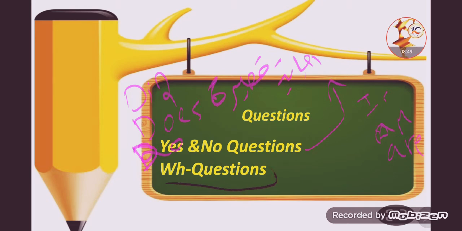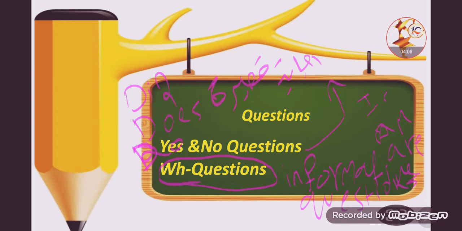While in WH questions you need to know this is an informative question. (Arabic: We can call it an informative question.) Okay? So informative questions. When we talk about WH questions, we talk about informative questions. What do you mean by informative questions?